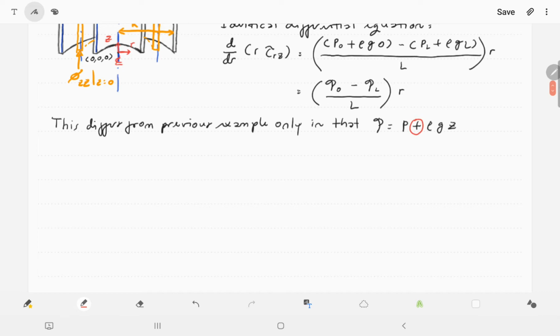Because in here, pressure plus rho g z, since the coordinate z is in the direction opposed to gravity.